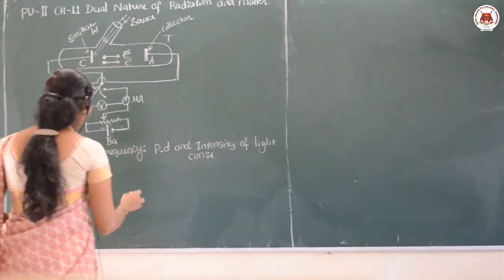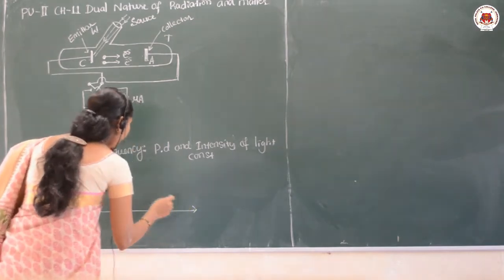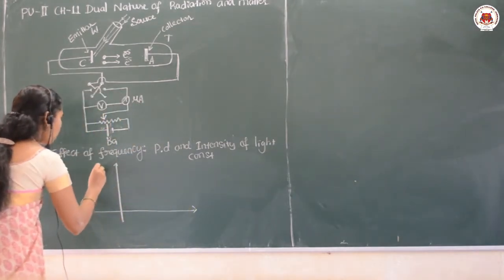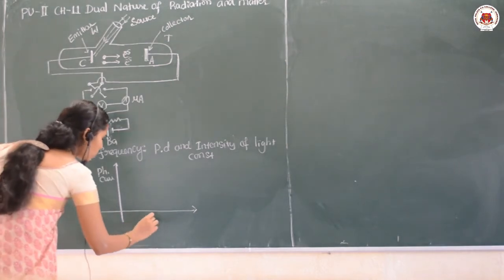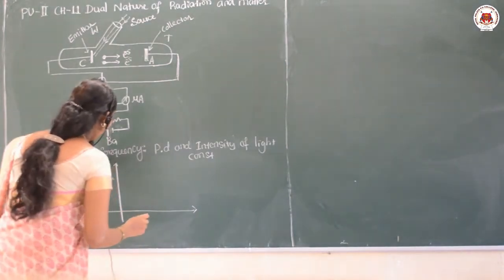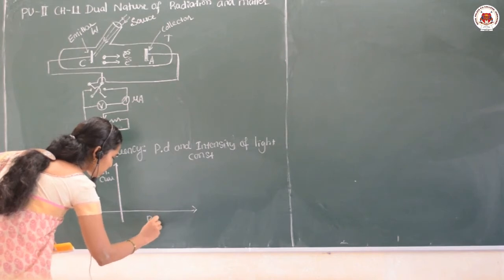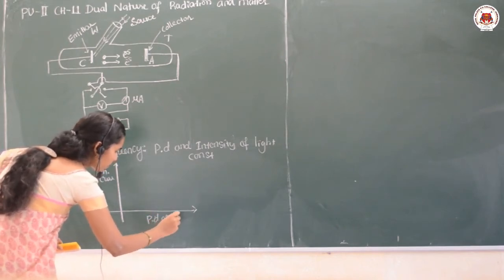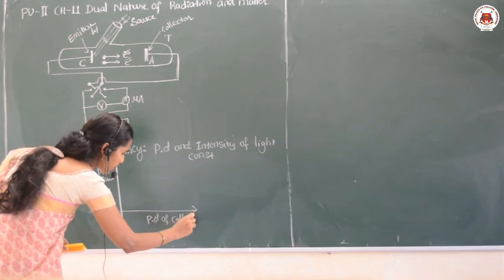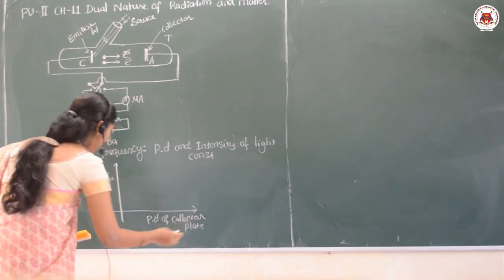Yes. So here I want to show the graph. Again, there is a graph of photocurrent versus the potential difference of the collector plate, right.